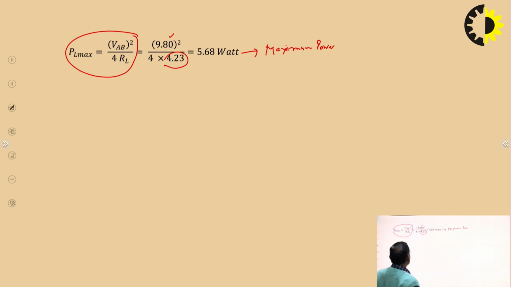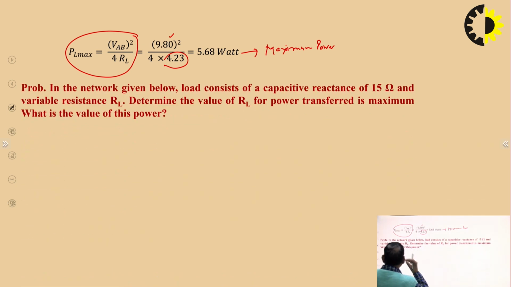We take another problem. In the network given below, the load consists of a capacitive reactance of 15 ohm and a variable resistance RL. Determine the value of RL for maximum power transfer and the value of this power.